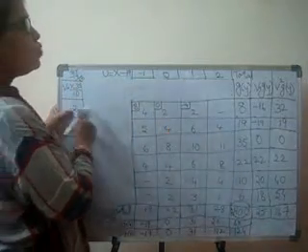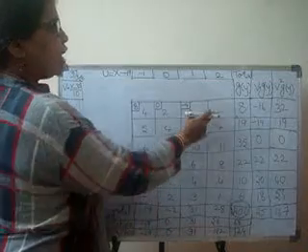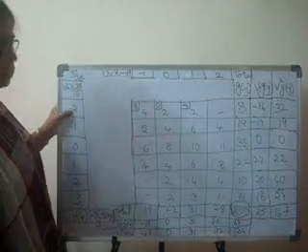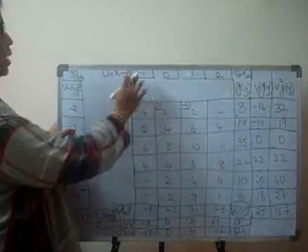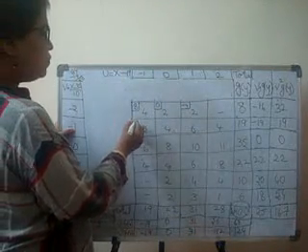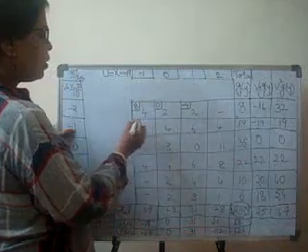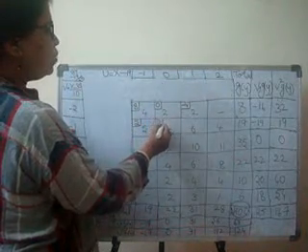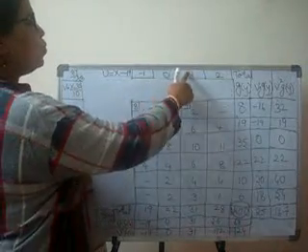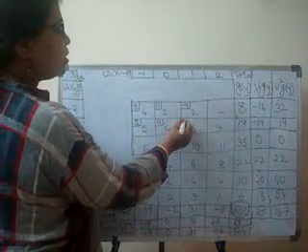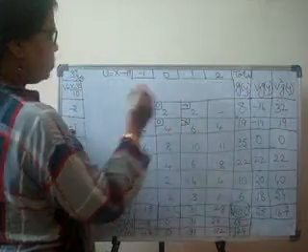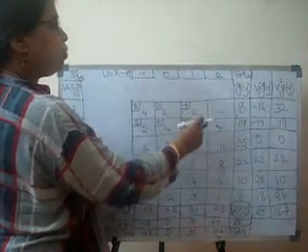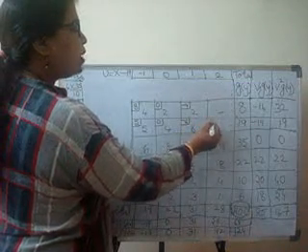Next, minus 2 into 2 would be minus 4. And there is no value, so here we won't mention. Minus 1 into minus 1 is 1. 1 into 5, 5. Minus 1 into 0 would be 0. 0 into 4 is 0. Minus 1 into 1, minus 1. Minus 1 into 6 would be minus 6. Minus 1 into 4, minus 1 into 2 is minus 2. Minus 2 into 4 is minus 8.